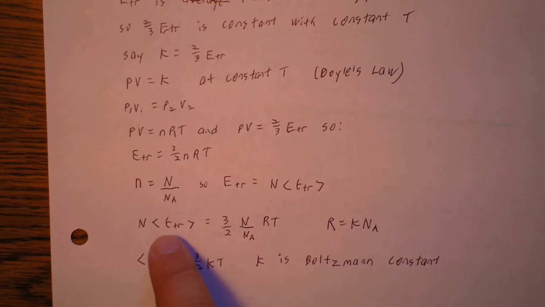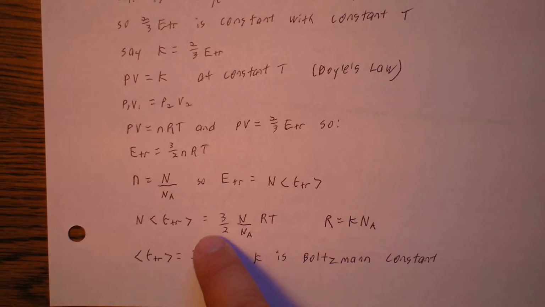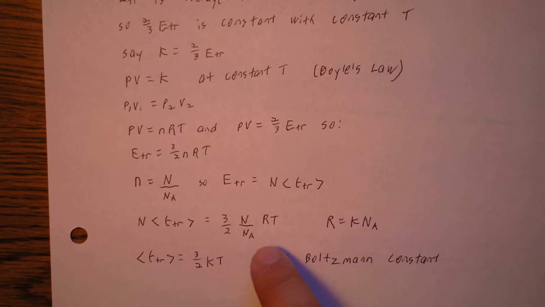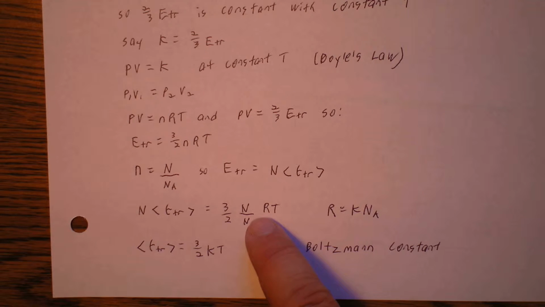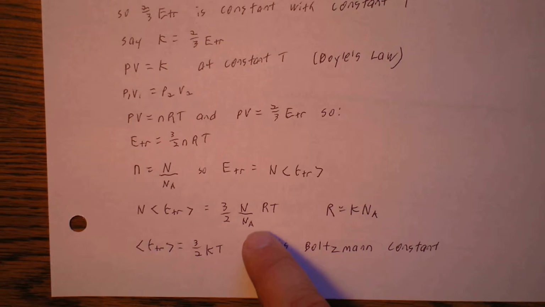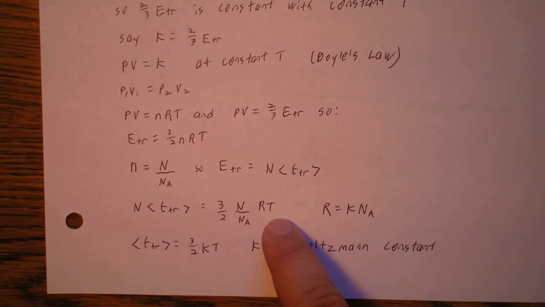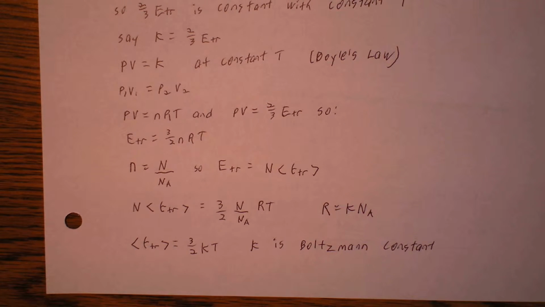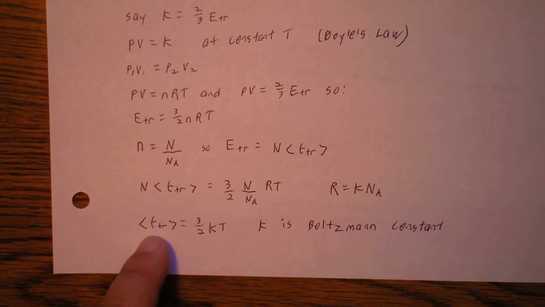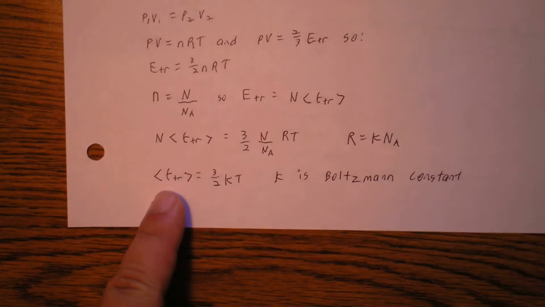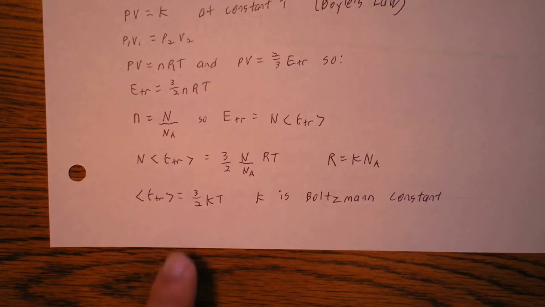So we get N times the average energy of translation is going to be equal to 3/2 times the number of atoms divided by Avogadro's number times the gas constant R times T. And remember, R is also equal to some constant times Avogadro's number. K is Boltzmann's constant. So the average energy of translation is going to be equal to 3/2 times kT, where k is Boltzmann's constant.